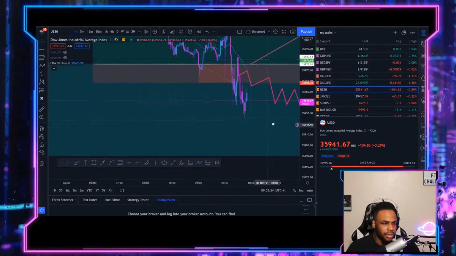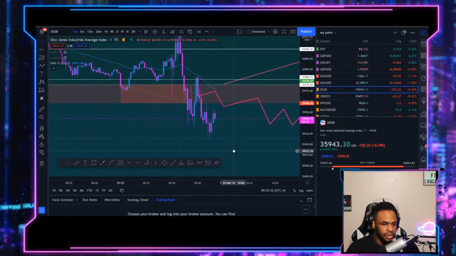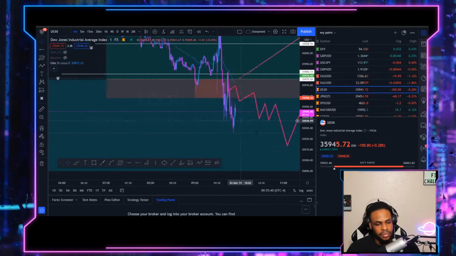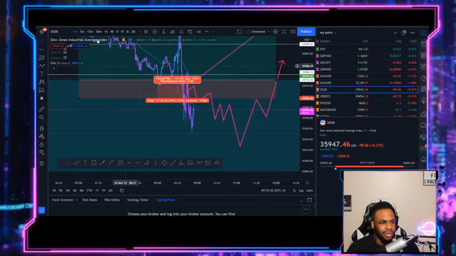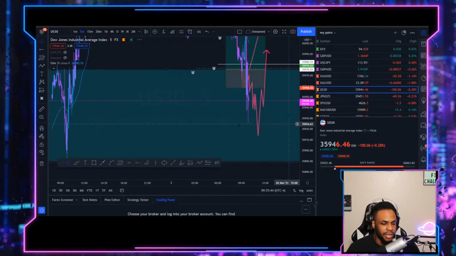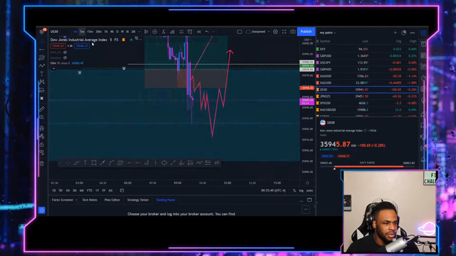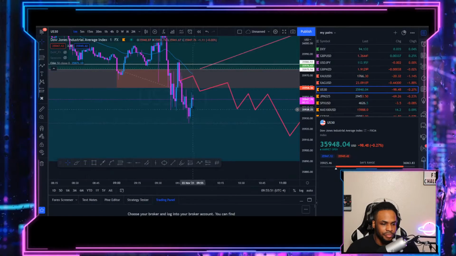US 30. That could be the spring I was talking about, but I don't like that one so much. I prefer to see it happen on the 5-minute time frame, but there's no structure on the 5, so the 1.